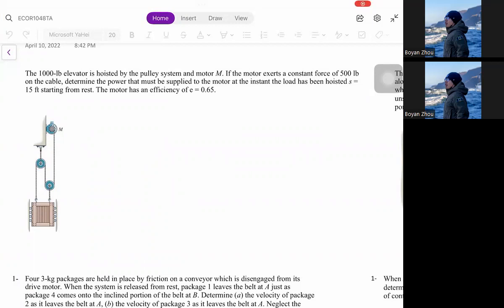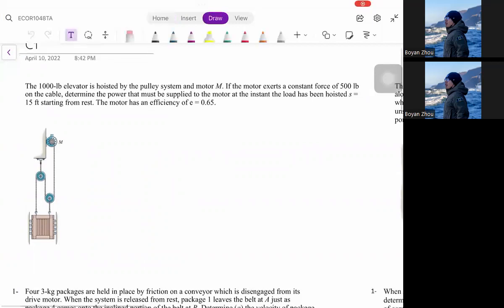Okay, so let's start from the first one. It's kind of like a pulley question, but now we're going to calculate the power. We have a 1,000-pound elevator, and there's a motor on here pulling the elevator, or the box, up.